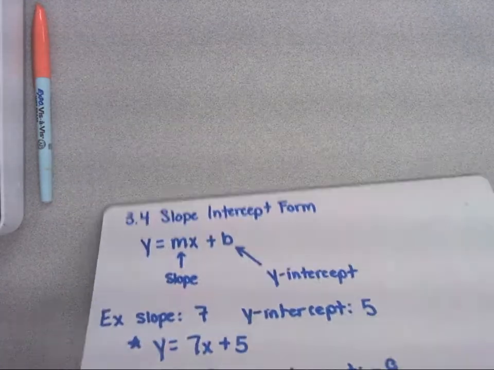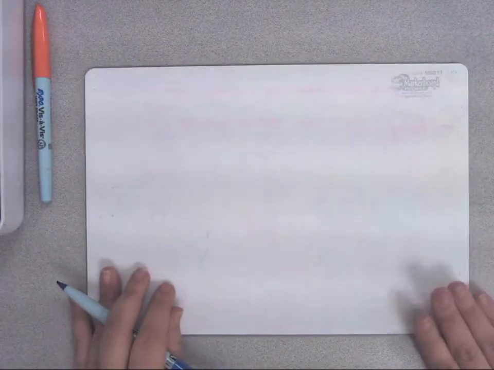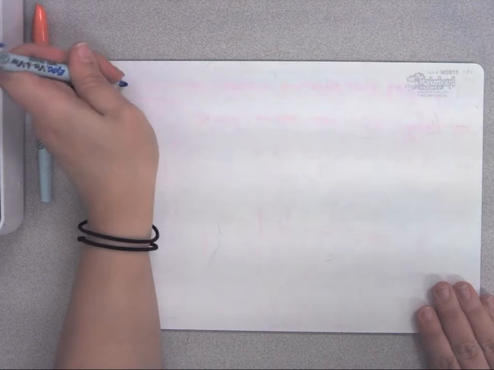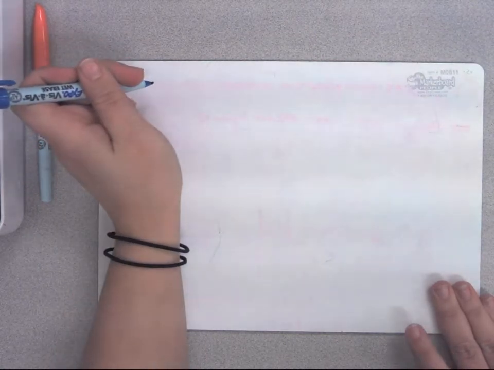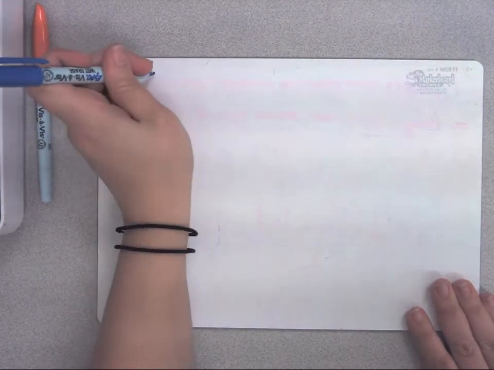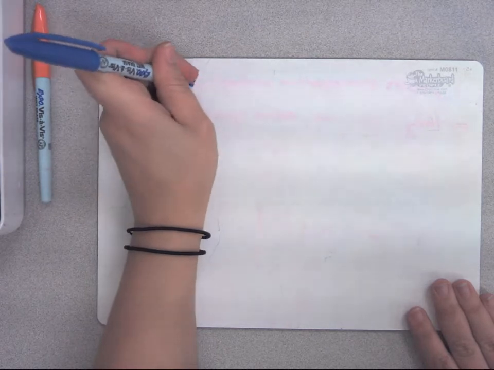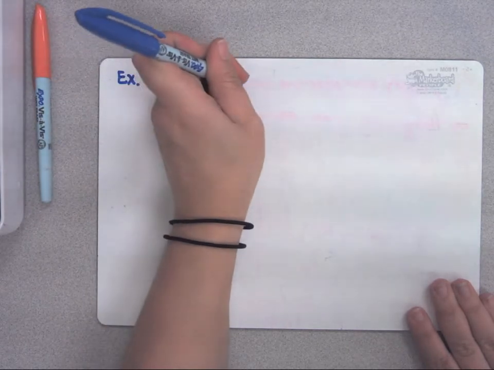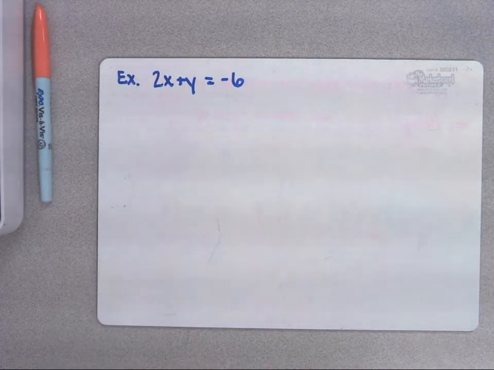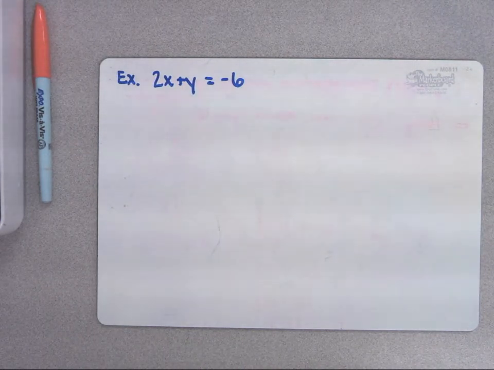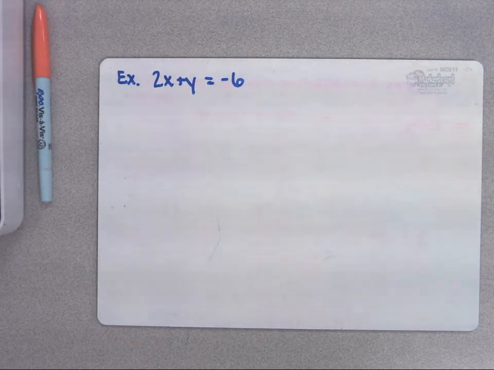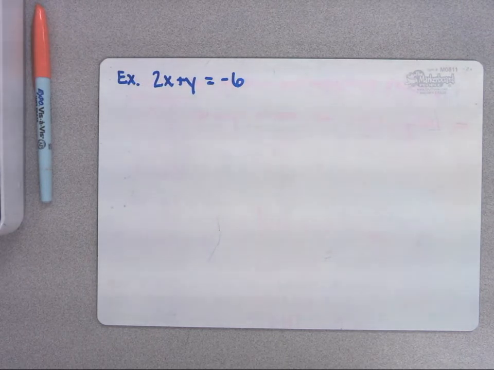I'm going to just flip it instead of trying to write on the side. How about this one? 2x plus y equals negative 6. Again, the instructions say write it in slope-intercept form, then state the slope and the y-intercept. So what are we going to do to get this in slope-intercept form?